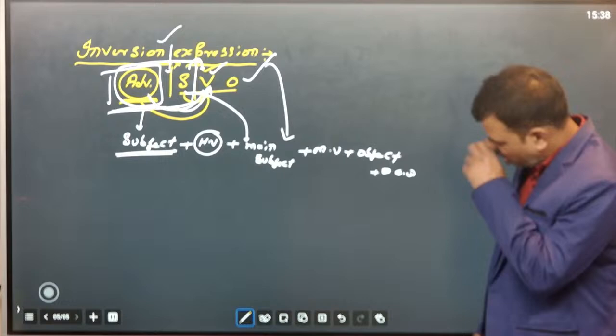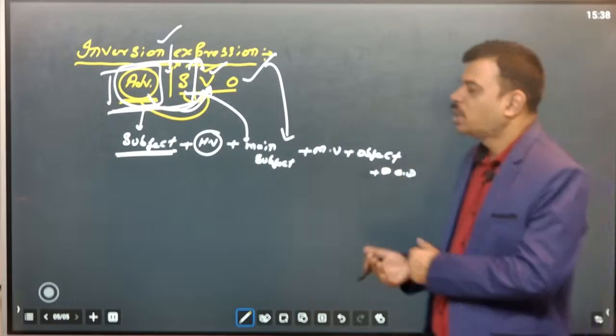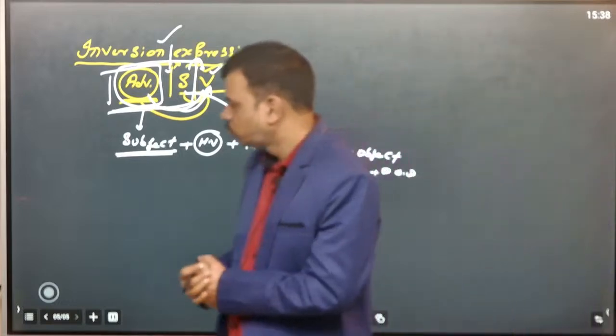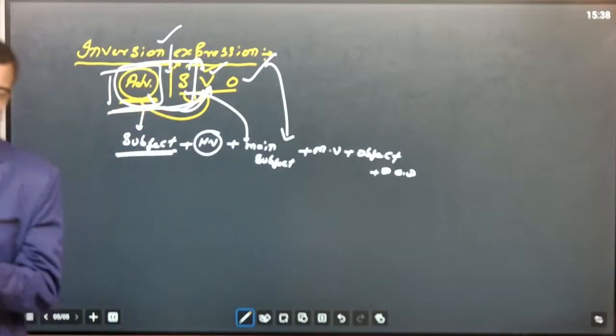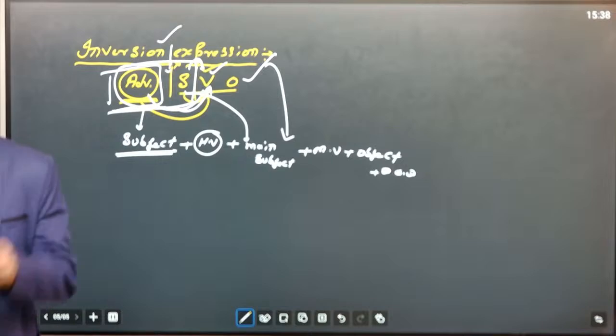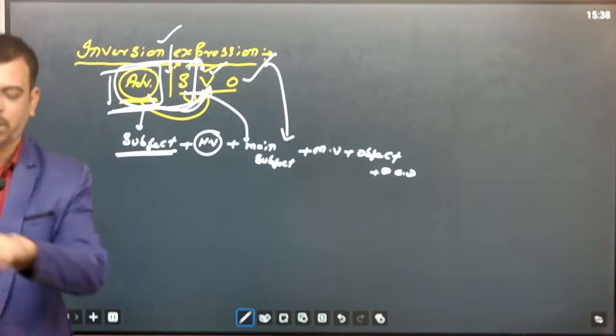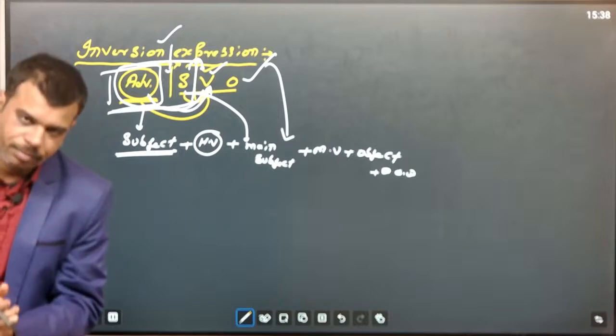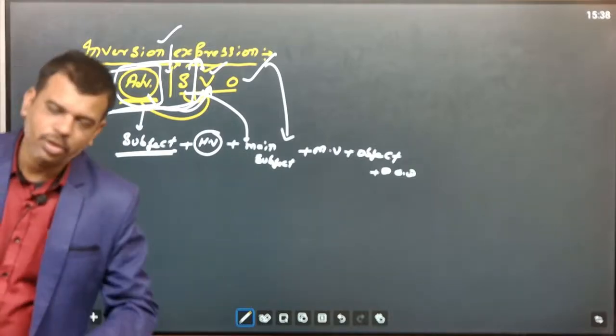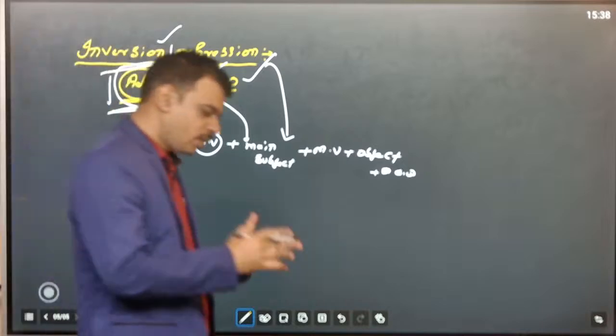But if I am only talking about the formula, the rule, that may be confusing, problematic. The best way to clear the concept is to go with the examples, because examples will make sure whether you are right or wrong.